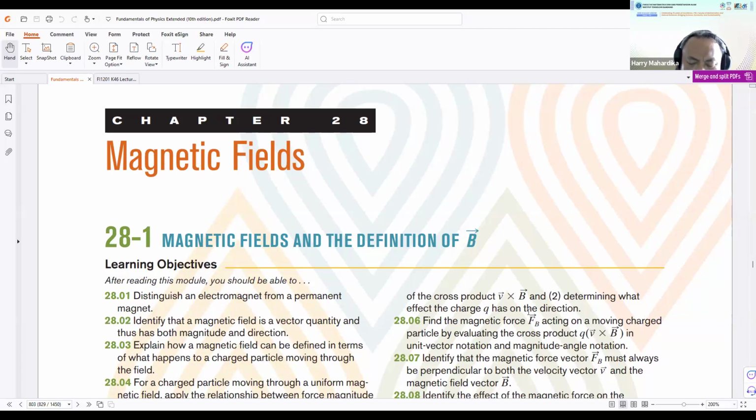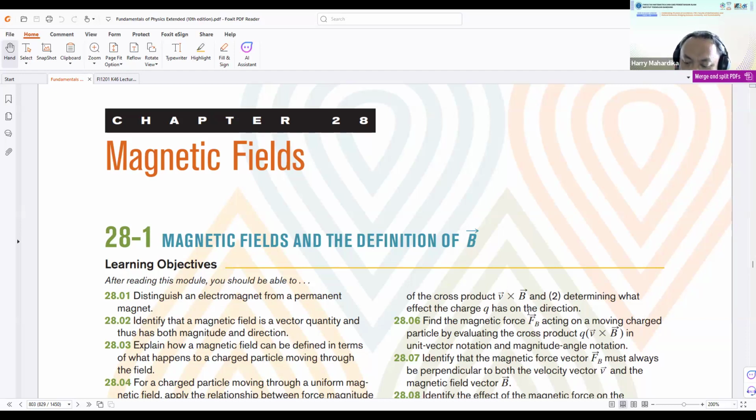And the way we learn about magnetic fields is actually similar to how we learn about Coulomb's law in electric fields, where we learn about the forces first and then deal in depth in the following weeks with how we compute the magnetic field itself.